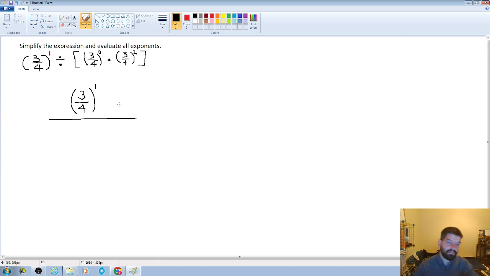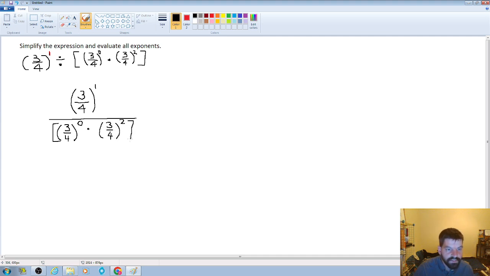And then that bracket to the right side of that division sign tells me that everything that remains is going to be in the denominator. So we have 3/4 to the 0 power times 3/4 squared, or to the 2nd power, all in the denominator.